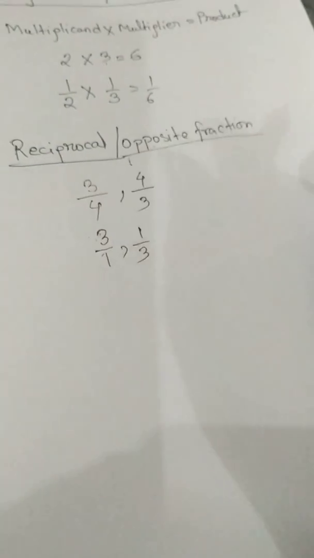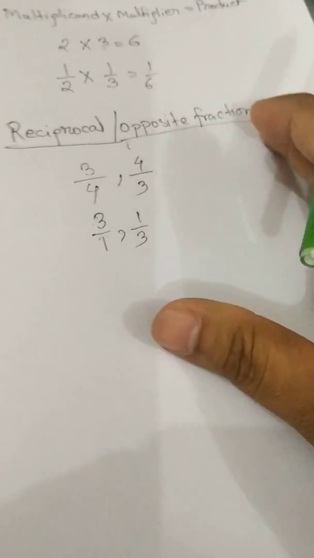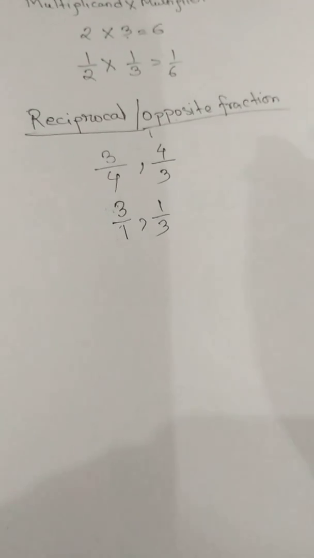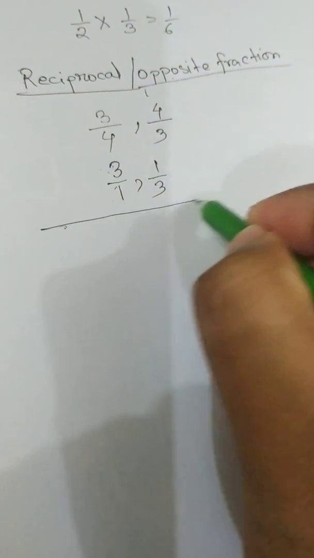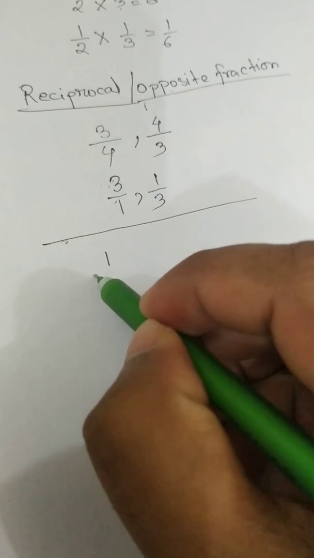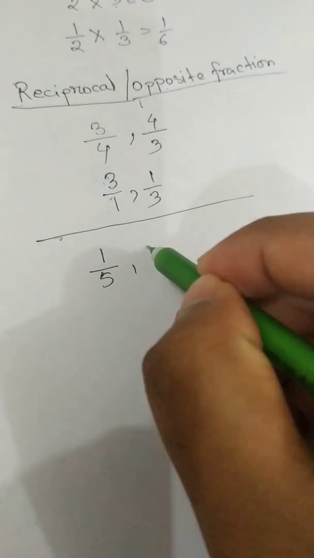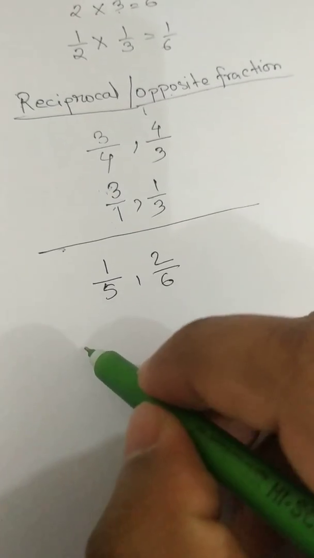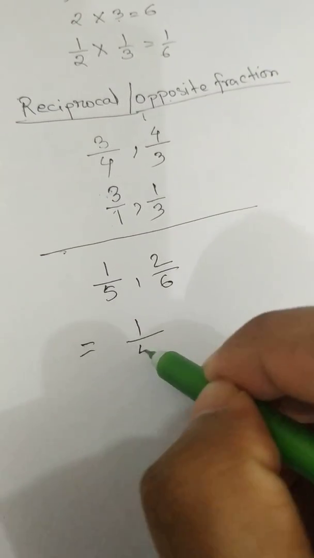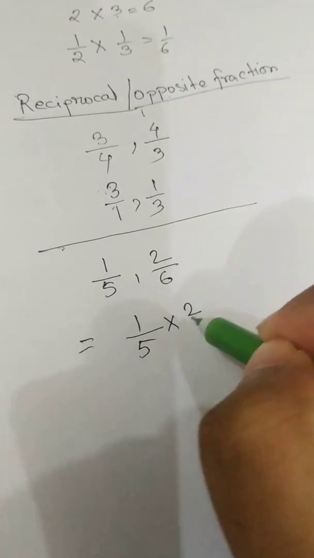Okay, so now let's move on to our next topic, that is how to multiply fractions. It's very easy. For example, let's take two fractions, suppose 1 by 5 and 2 by 6. If we need to multiply these fractions, what do we need to do? 1 by 5 into 2 by 6.